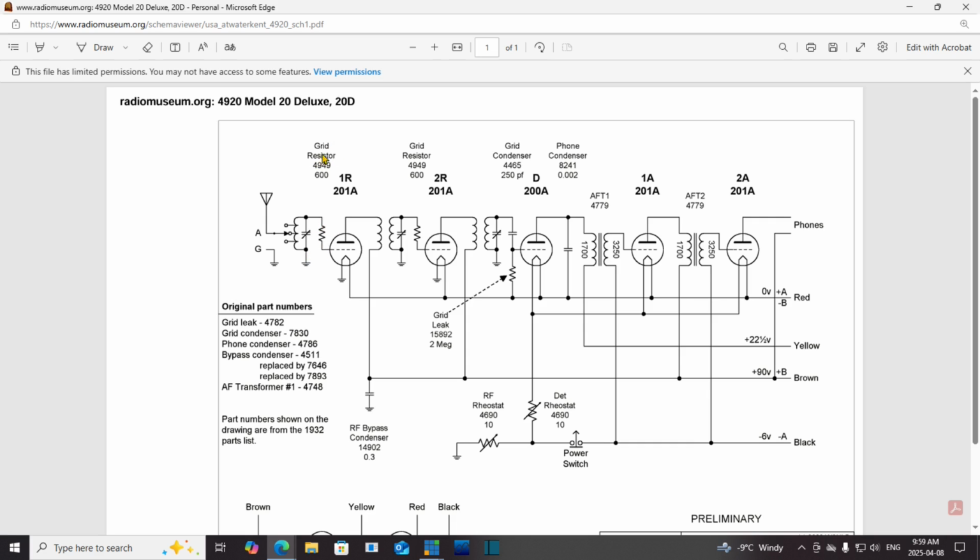Grid resistor, 600? Is that 600 ohms? That could be 600 ohms because it's a piece of wire there. Generally, a resistor there, jeepers, stop oscillations. I'm not sure why there would be a resistor there, but 600 ohms, eh? So we could just slam in a 600 ohm resistor across the defective one and see what happens.